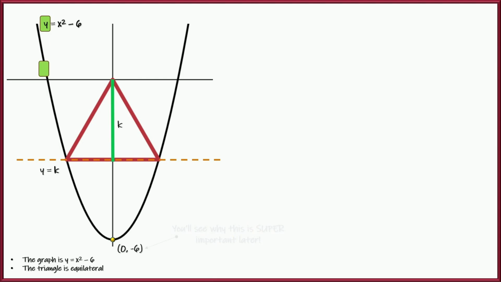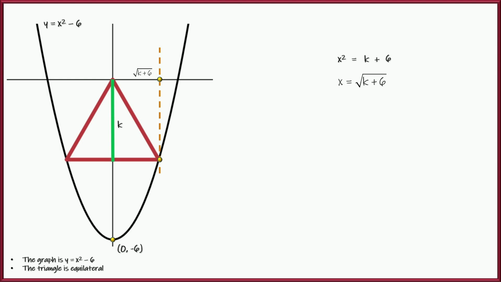Now, we have a system of equations. Right here, y equals x squared minus 6 and y equals k. So we can use those to figure out what x equals when y equals k. We're going to set them equal, and we're going to use inverse operations, take the square root of both sides. When x is the square root of k plus 6, y equals k. Well, that's important because that tells us that the horizontal distance from the line of symmetry, which is the y-axis, is the square root of k plus 6.